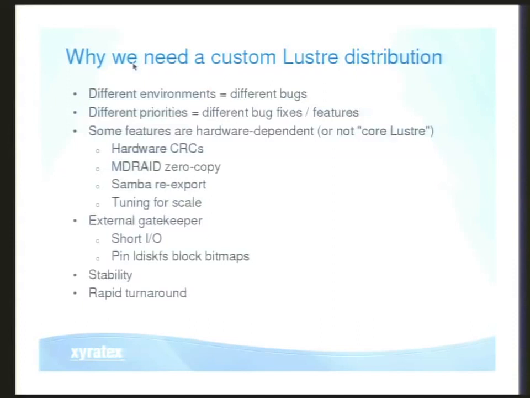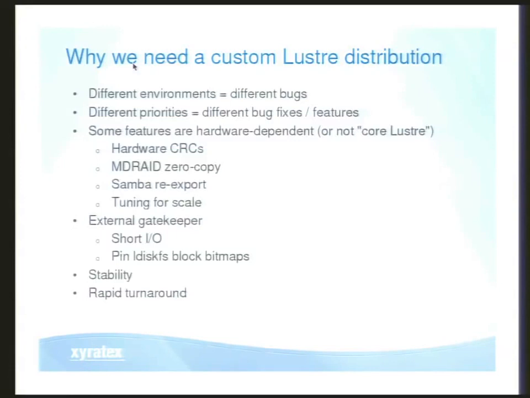For instance, one of the patches we've worked on is a short I/O patch that provides some minor amount of performance enhancement for a less than minor amount of code. So the question is, is it worth it to the source tree to add that feature? There's some risk involved. There's some benefit. Maybe the weighing of that benefit is ultimately up to the gatekeeper. So we have to be able to make our own decisions there.